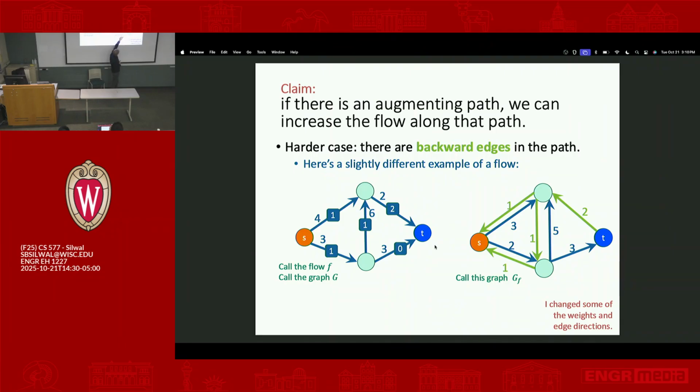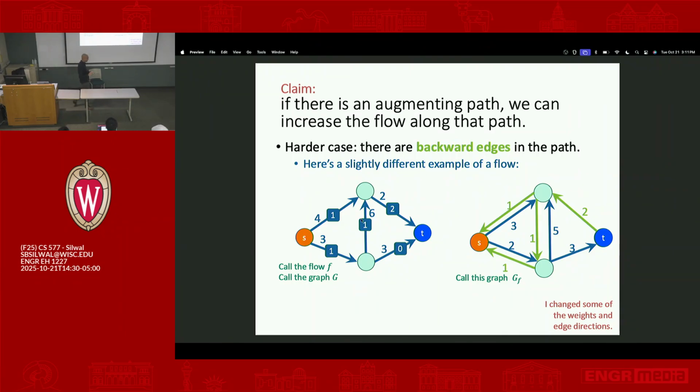But now you notice the following. There is a path from S to T on this graph that takes a green edge. It takes this blue edge, this green edge, and this blue edge. What does this green edge correspond to? This green edge corresponds to an edge in the graph that already has some flow.